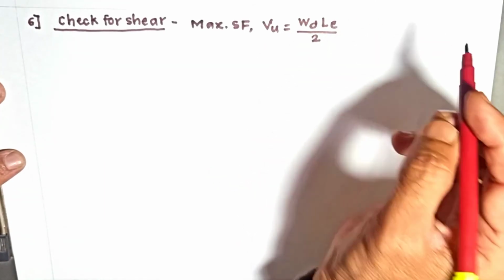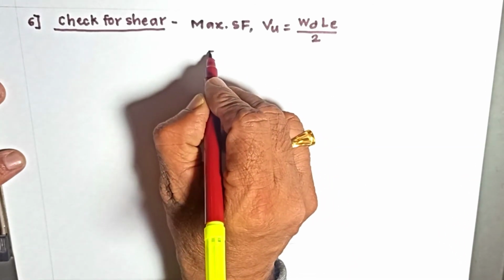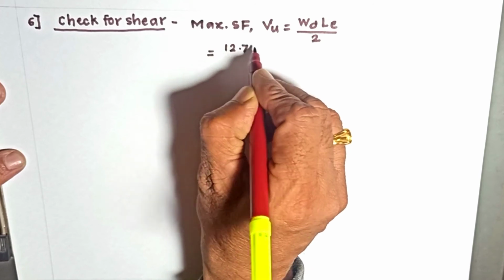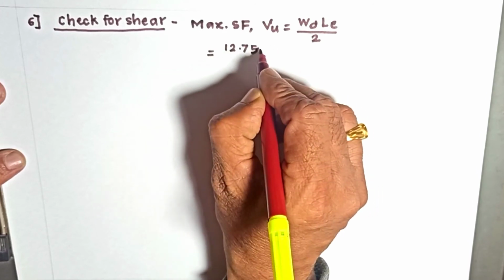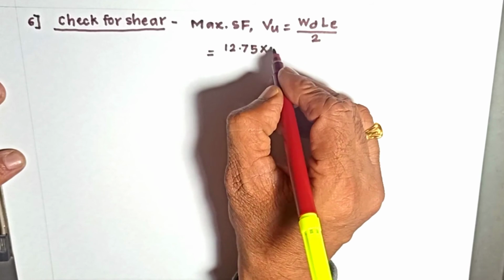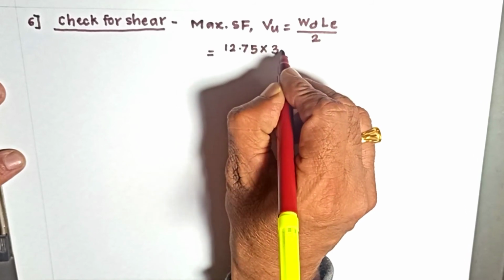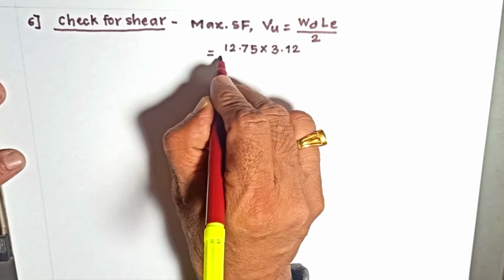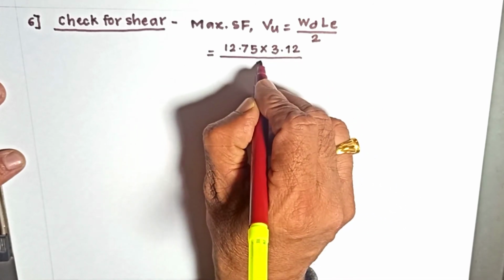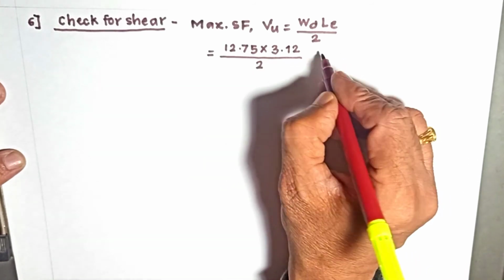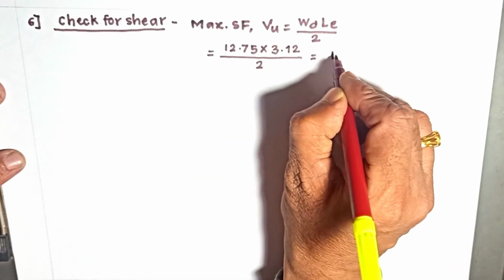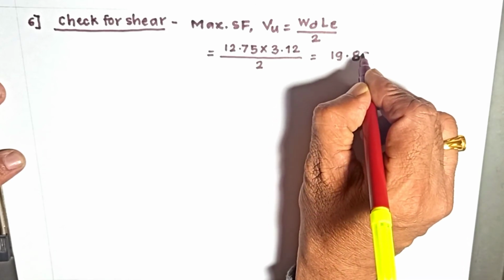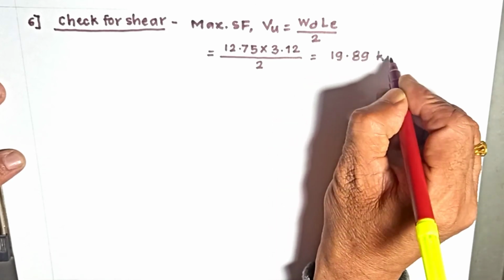Okay, so this will be equal to WD is 12.75, LE is 3.12 divided by 2, which comes out to be 19.89 kilonewton.